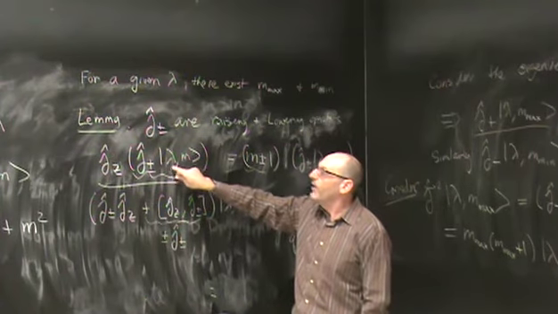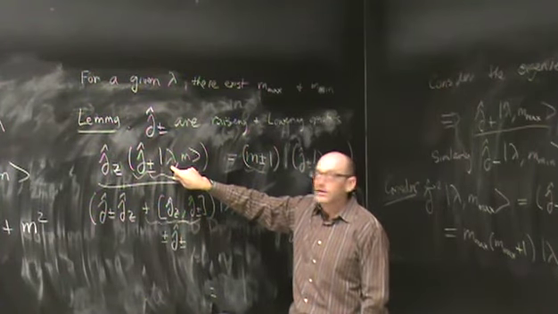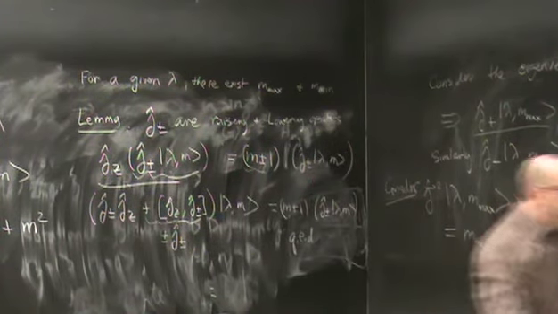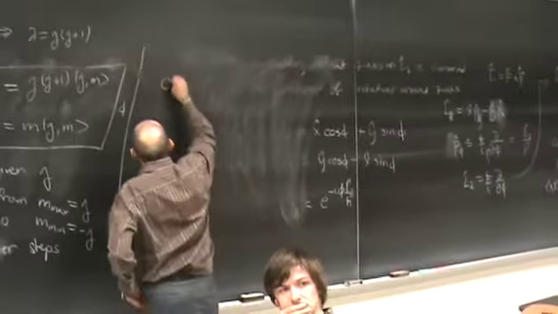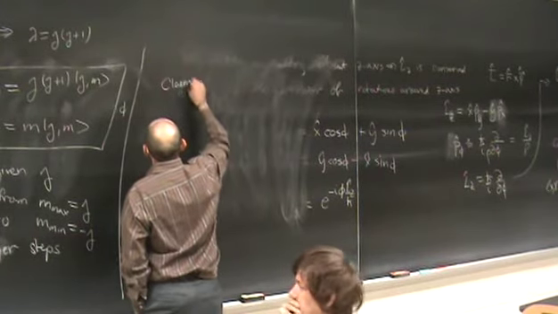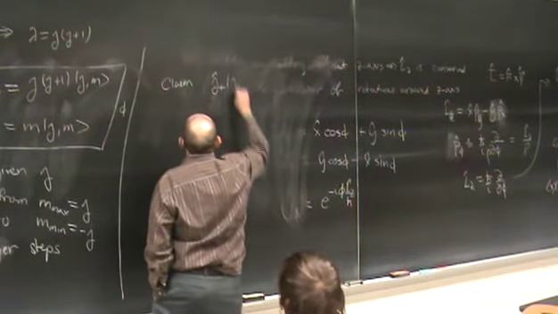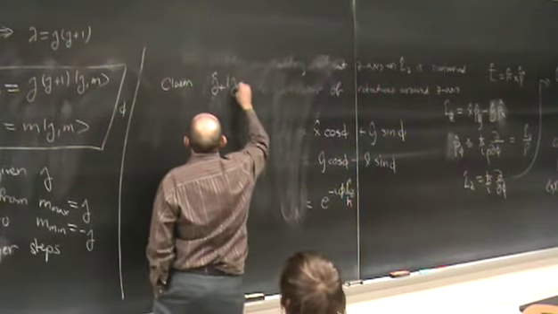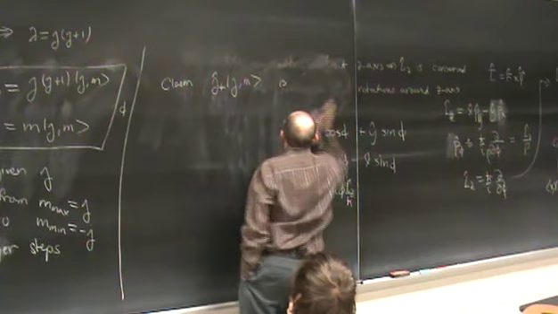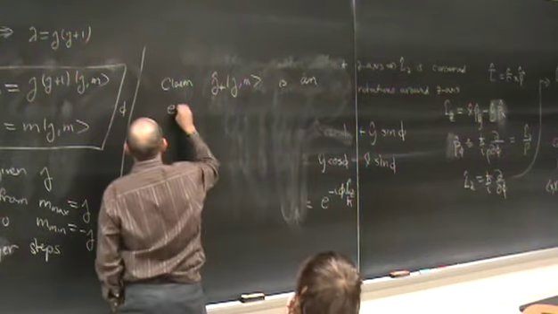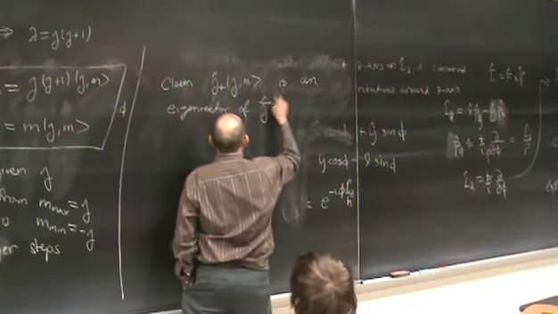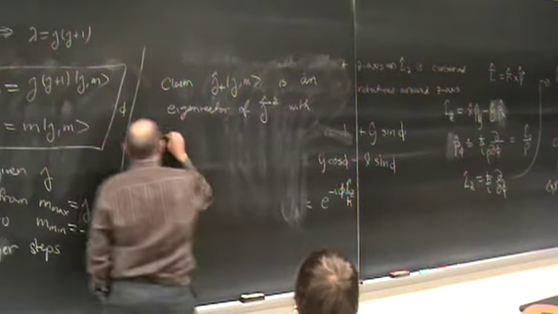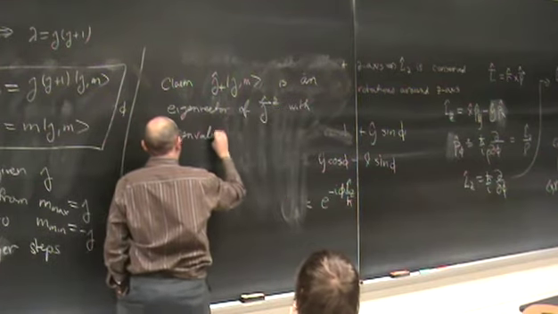And how do we know that these all have the same value of j squared? I claim that j plus on this is an eigenvector of the magnitude squared with eigenvalue j(j+1).